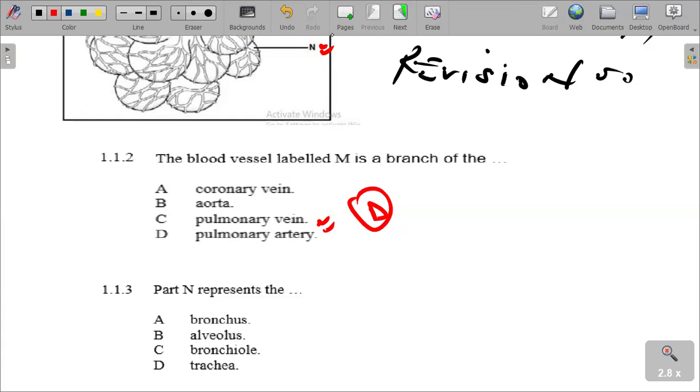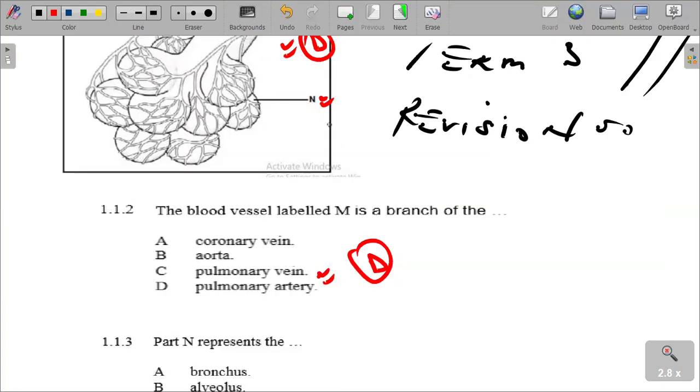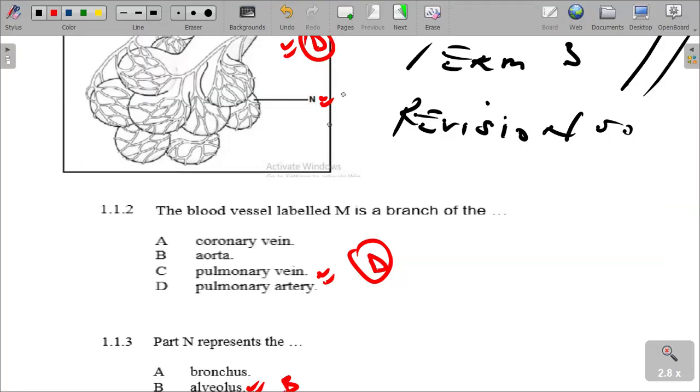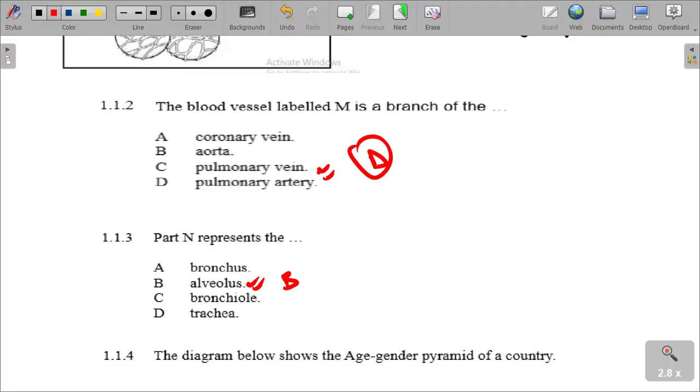N represents the alveolus, the micro sacs that are found in the lungs. So N is representing the alveolus, which is shown by letter B.